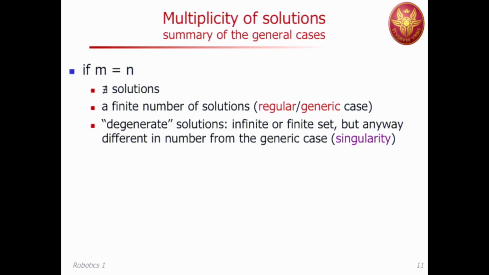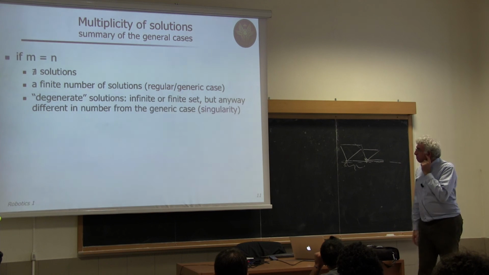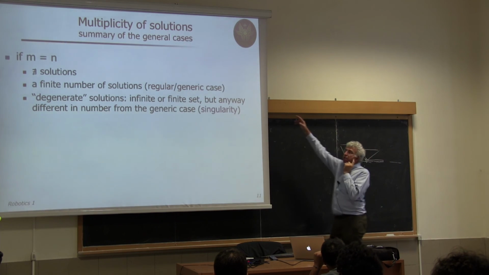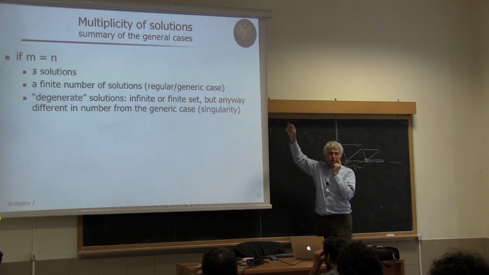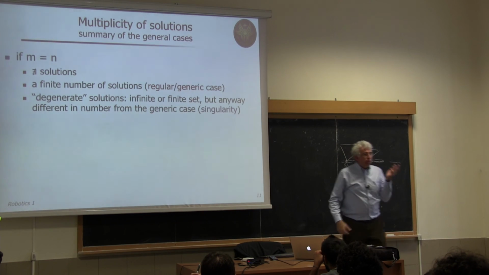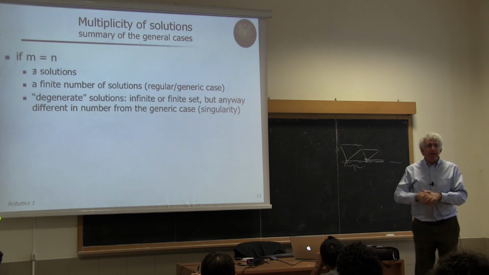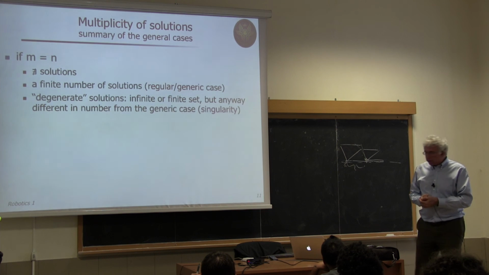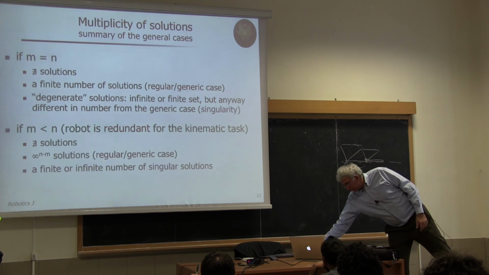Or you have degenerate solutions or singularities, which means that the number of solutions is different from those found in the regular case. So either a reduced finite number or an infinite number of solutions. Okay? So imagine that this is the 6x6 case. So the position and orientation for the end effector, and a robot with 6 joints, non-planar.